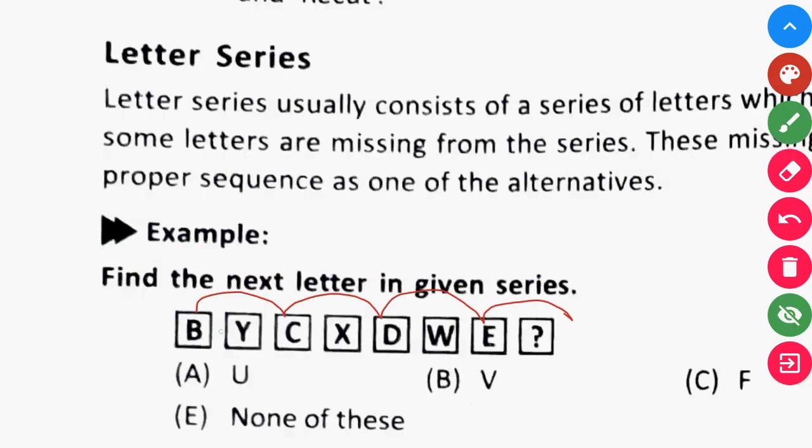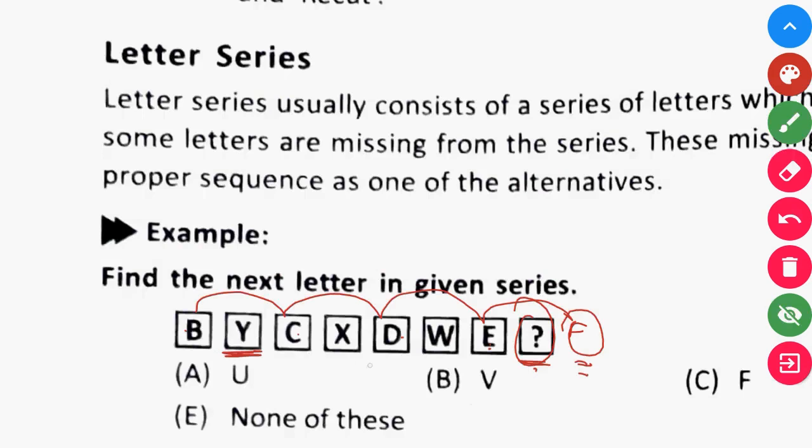So one letter is skipped in between and the next letter is the successive letter of the precursor. So after E, skipping one letter, F will come, but they didn't ask us about F, they asked us about the middle letter.